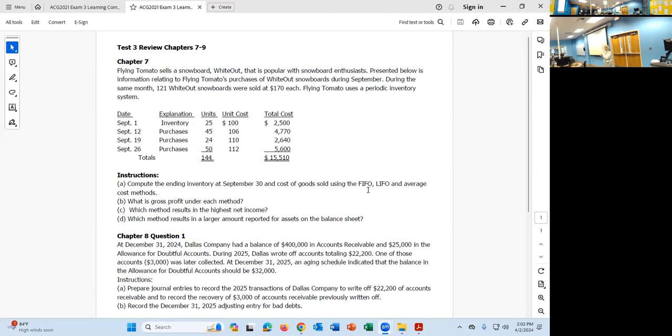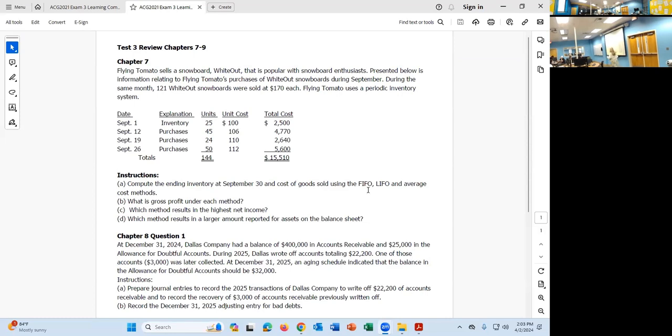So with specific identification, we have to know every time we sell a specific inventory item, which one it was. But with all of our LIFO and average cost, we just make an assumption because we're selling a bunch of identical inventory items that just happen to have different costs.